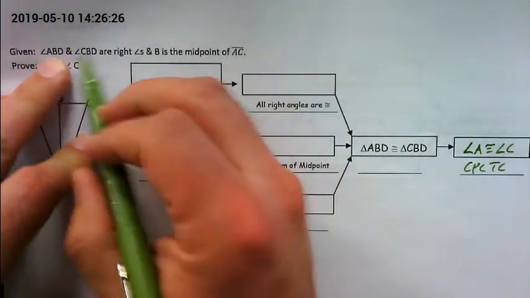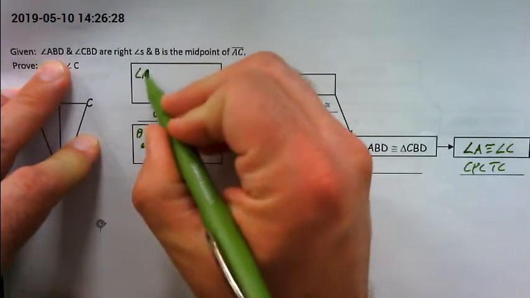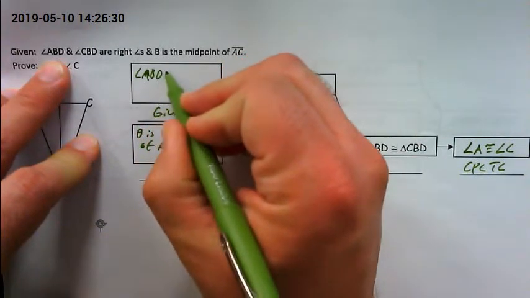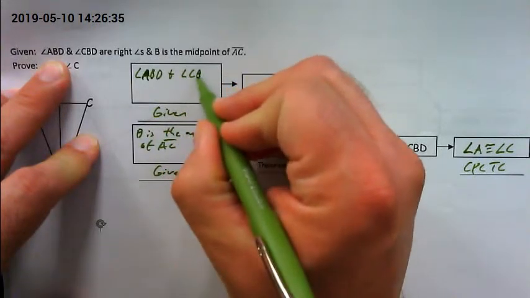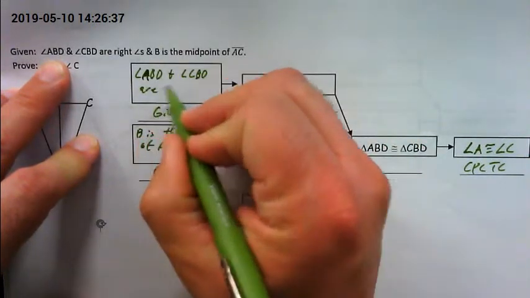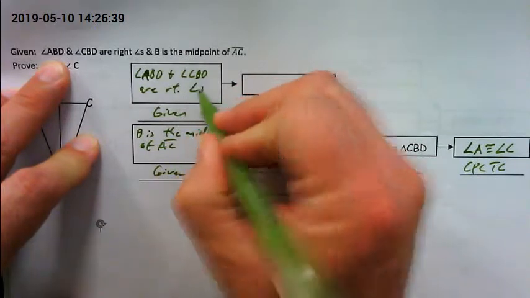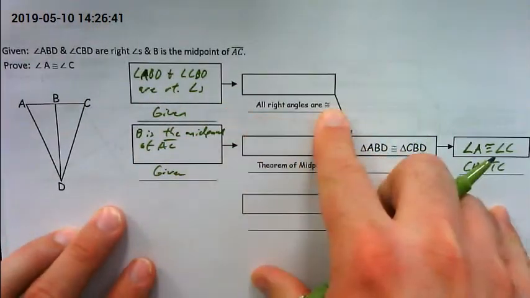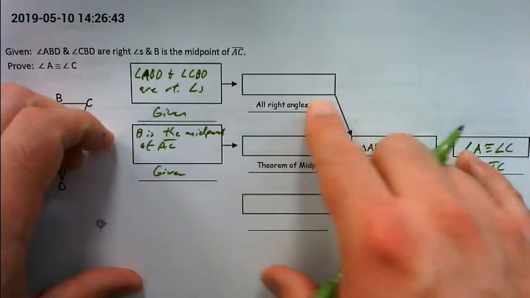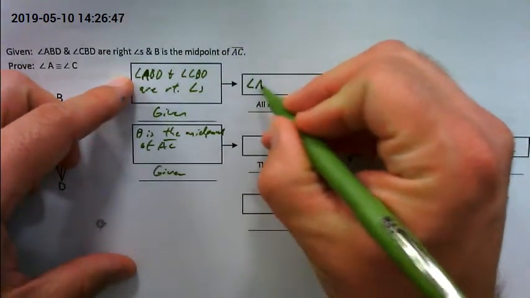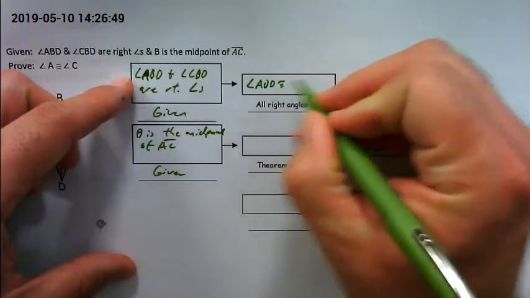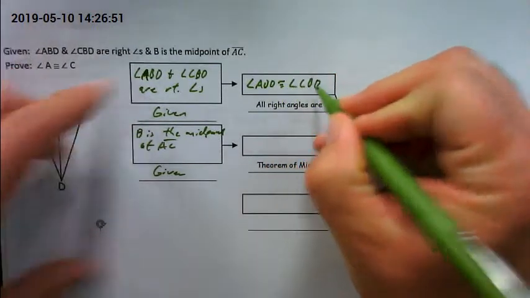The other given, angle ABD and angle CBD are right angles. All right angles are congruent. So, what's going to go in that blank? The two angles are congruent. Yeah. Angle ABD is congruent to angle CBD.